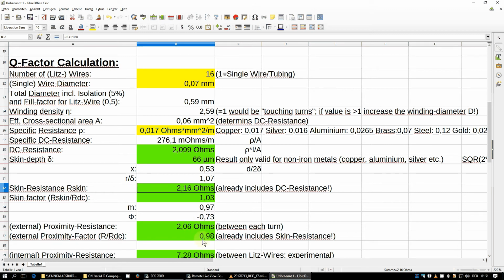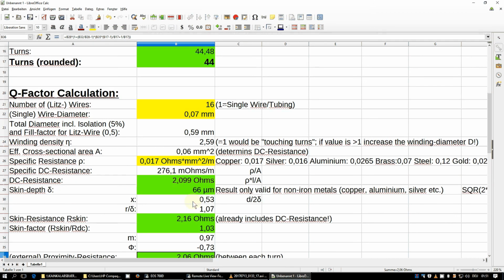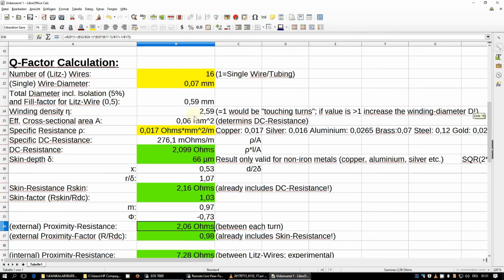The factor 0.9, that would be nice if we could diminish the external proximity effect with a spiral wound coil. So this is wrong because we kind of interchanged the winding diameter and the length of the winding. That's a little mix up here, or I don't know how to really call it.